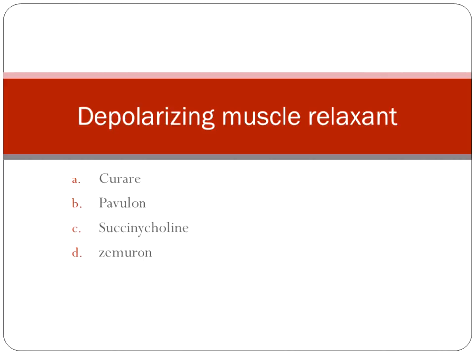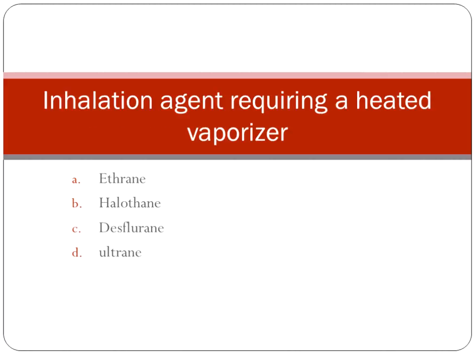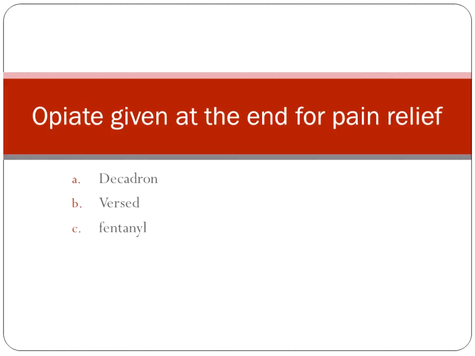Which of the following medications is a depolarizing muscle relaxant? Inhalation agents requiring a heated vaporizer are which of the following? Name the opiate given at the end of a procedure for pain relief.